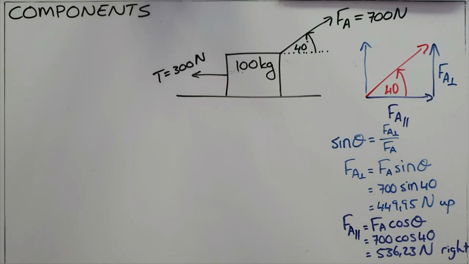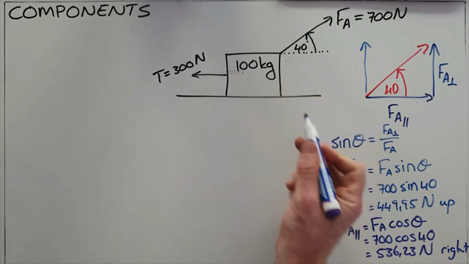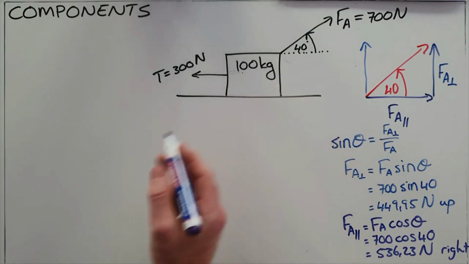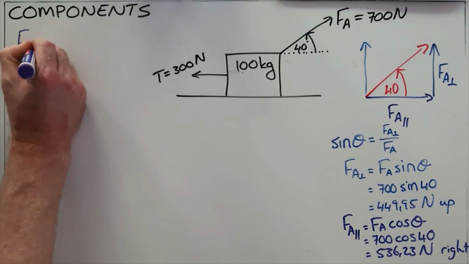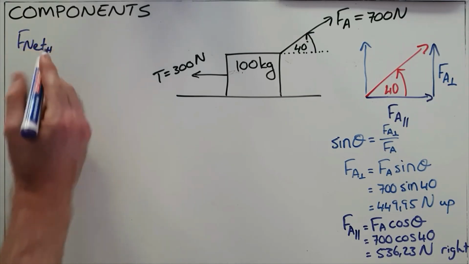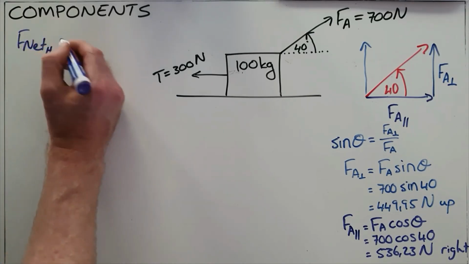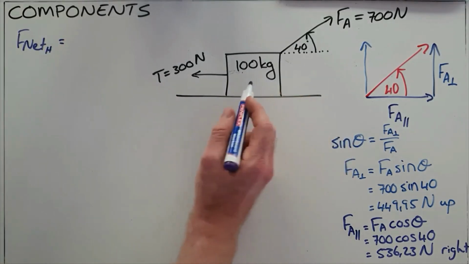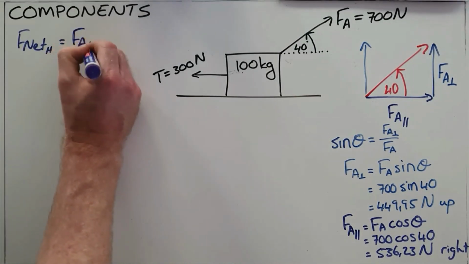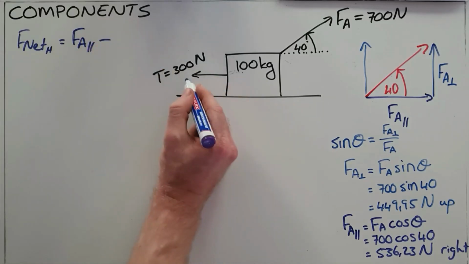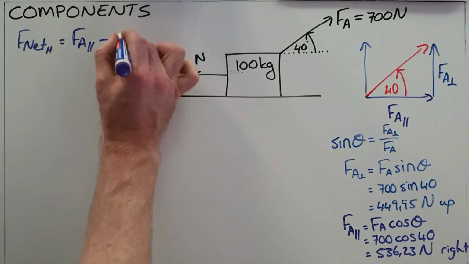Now that we have resolved this vector into components, we can easily compare, because we can see that there are only two forces acting horizontally. The net force horizontal, or parallel is also an option, is equal to the force pulling it to the right, in this case FA parallel, minus the force pulling it to the left, which is tension.